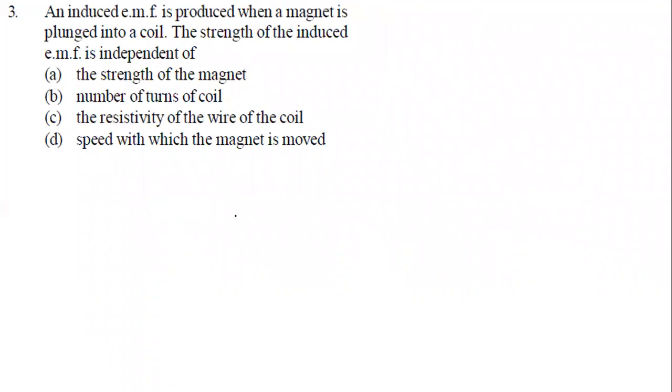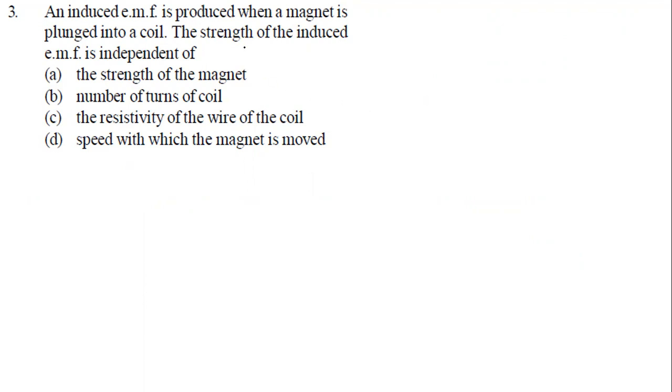Question number 3. Look at question number 3. The induced EMF is produced when a magnet is plunged into a coil. Plunged means what now? Just quickly we bring it into a coil.